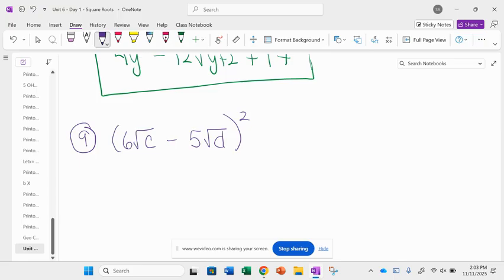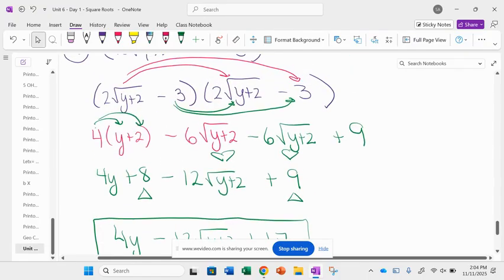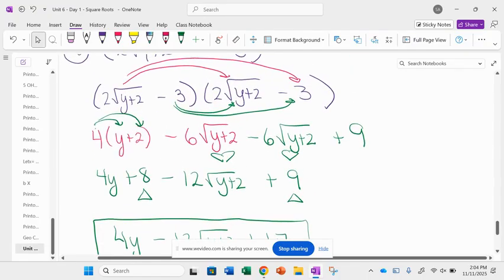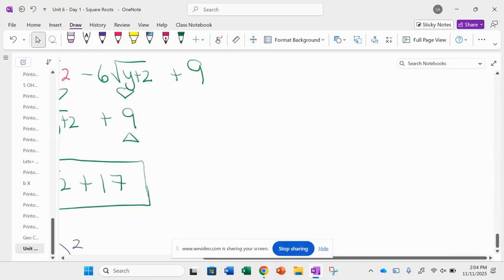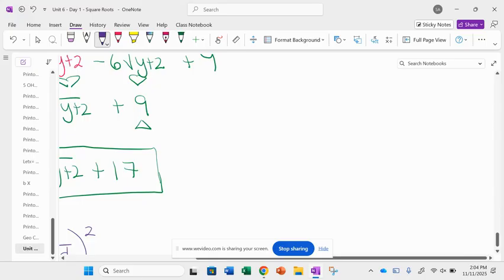The quantity of 6 root c minus 5 root d quantity squared. So let's bring it back to normal numbers that we can figure out.